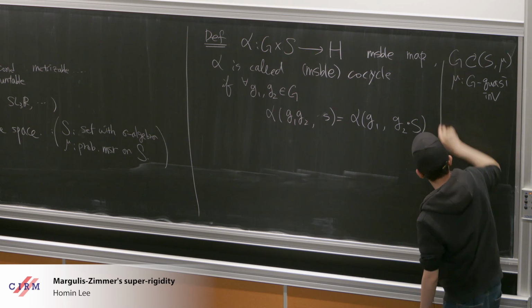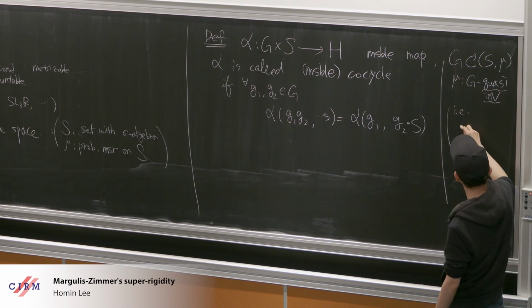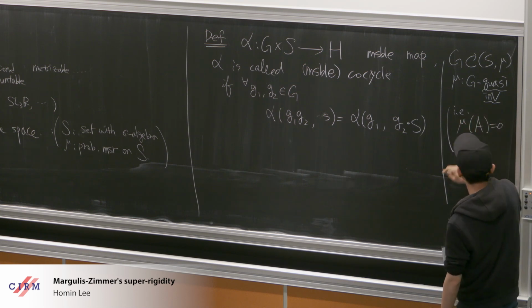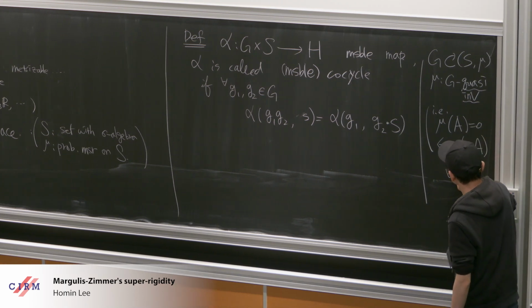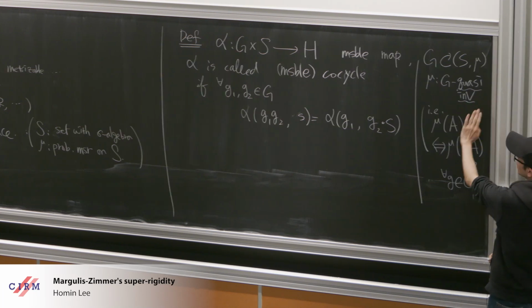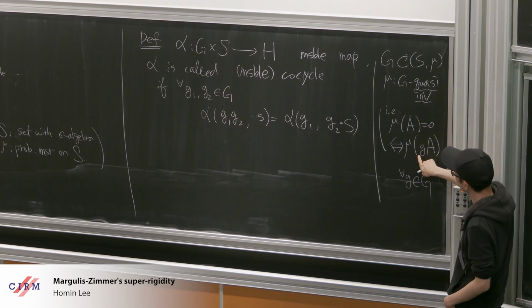Quasi-invariant means that mu of A is 0 if and only if mu of GA is 0 for every G. So this is somehow the weaker version of invariance. If mu is G invariant, that means that mu of A is the same as mu of GA.